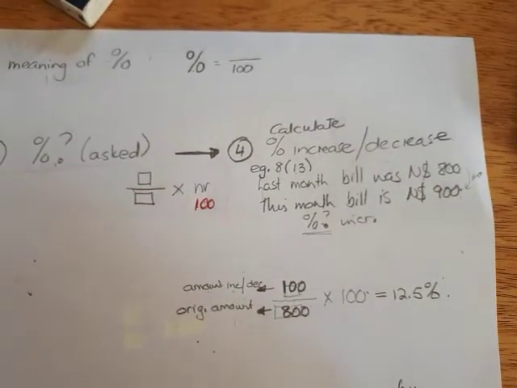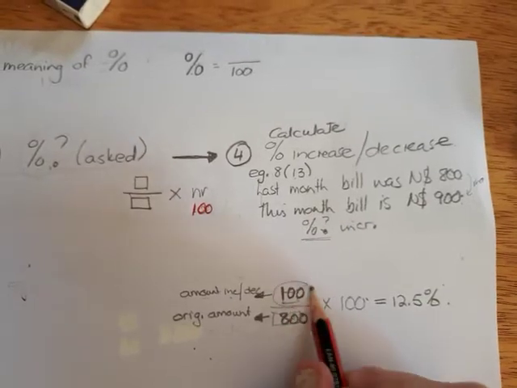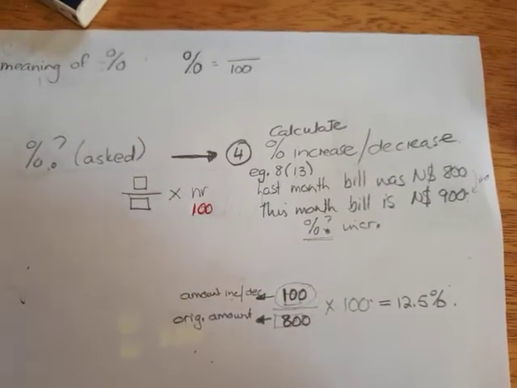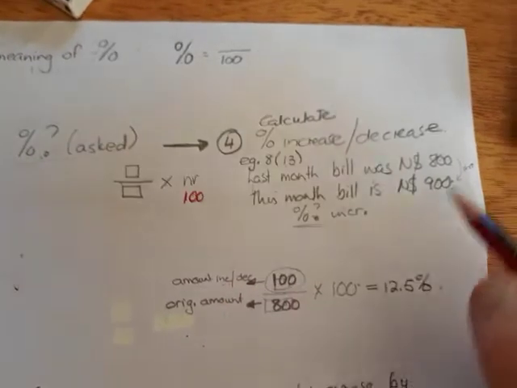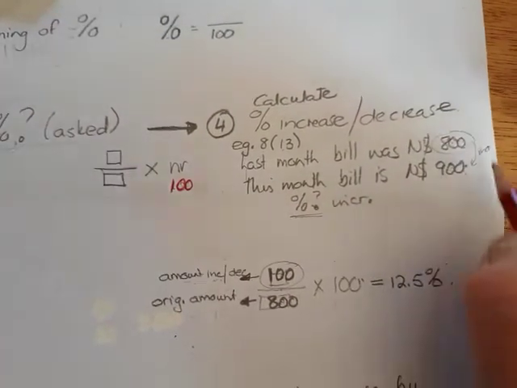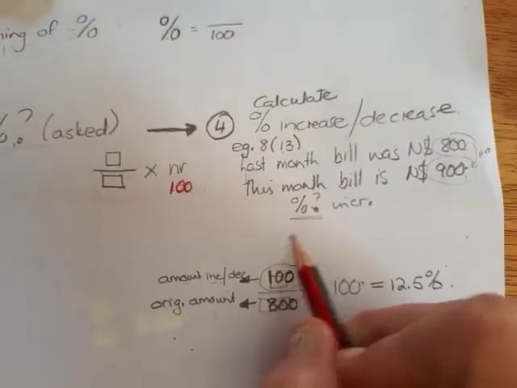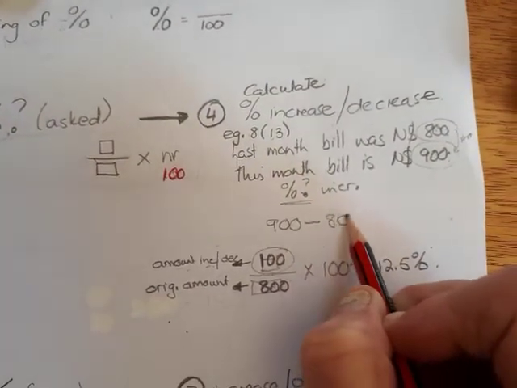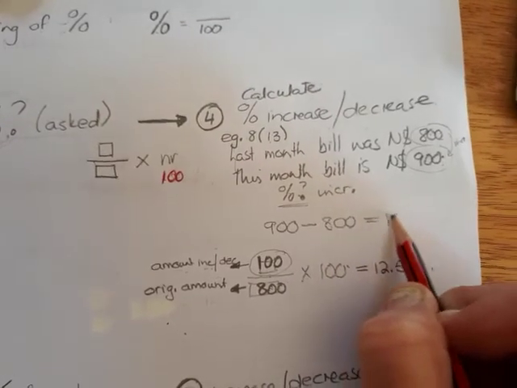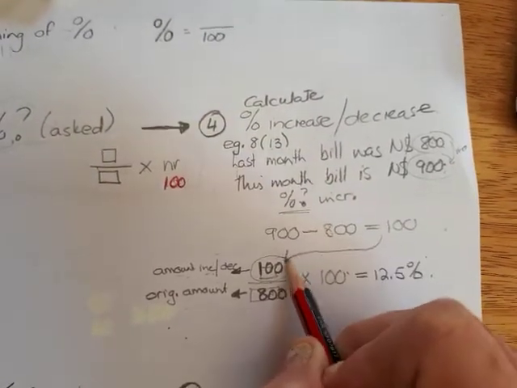Okay, so this is how it is related to the calculation of a percentage asked. Now we just need to add the step. Where did we get this from, people? We first calculated the amount of increase or decrease. Because we were given 800 and 900, we subtracted 900 minus 800, and that is where we got the 100 from.